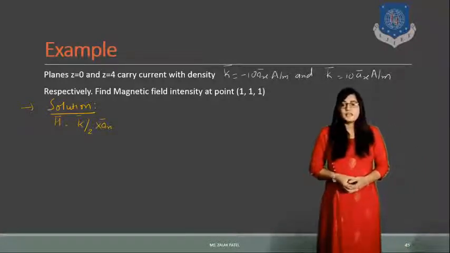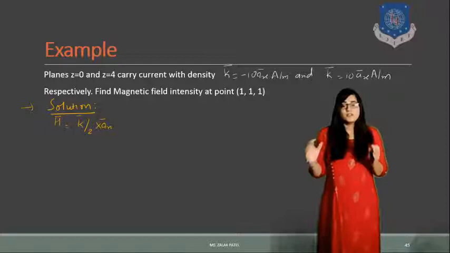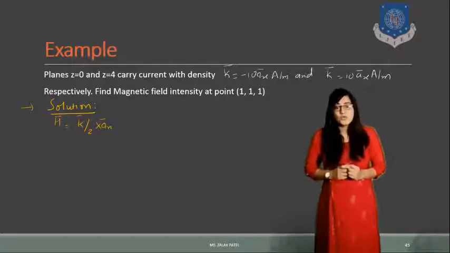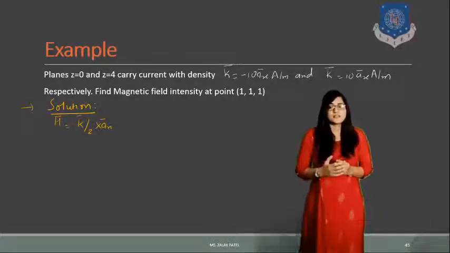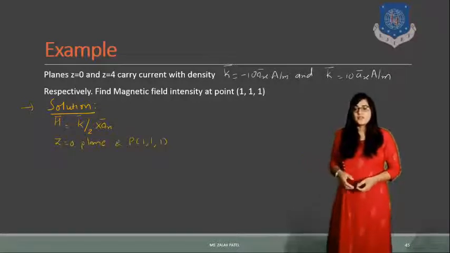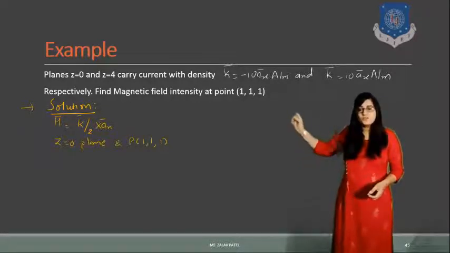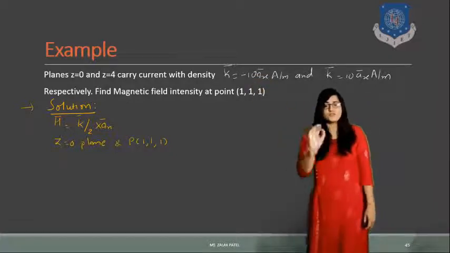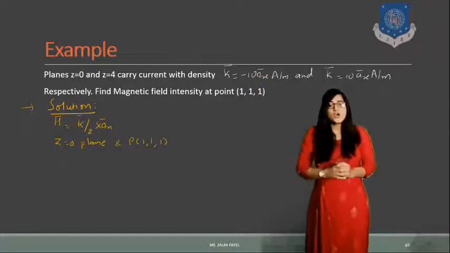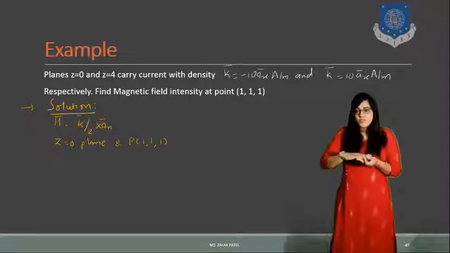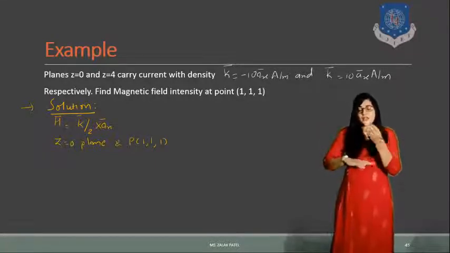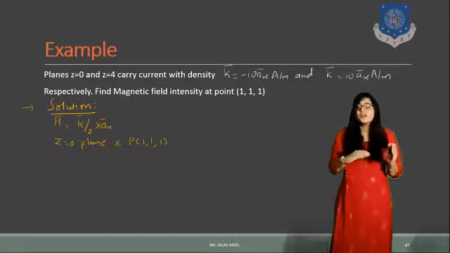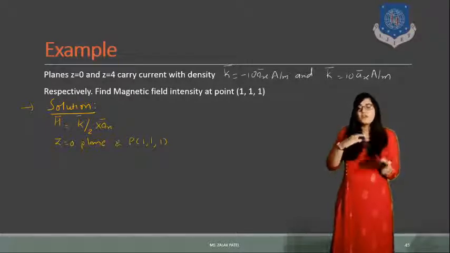So let's start with the equation K by 2 cross AN that I said. For the first case, z equal to 0, because this minus 10 AX is at the z equal to 0 plane. Now you have to take the z equal to 0 plane and check whether this point 1, 1, 1 is above the plane or below the plane.